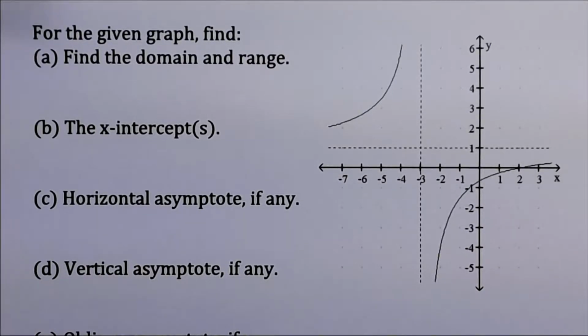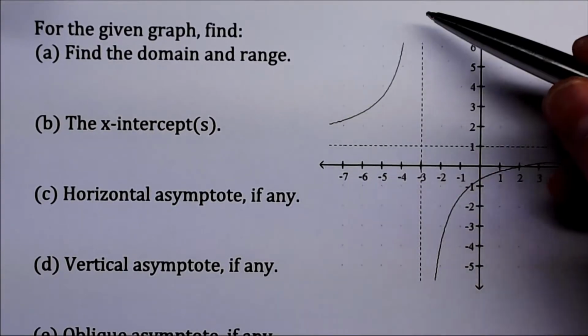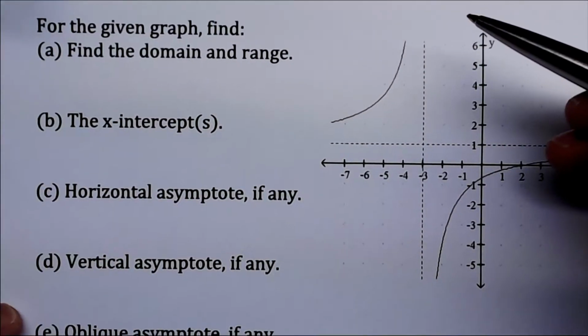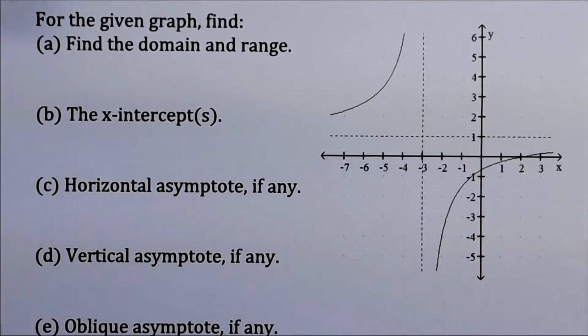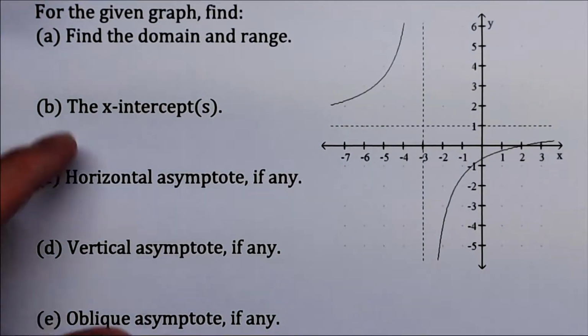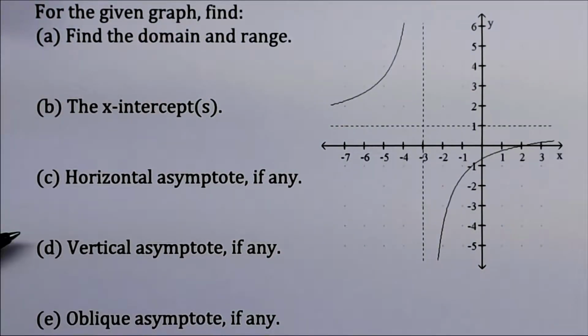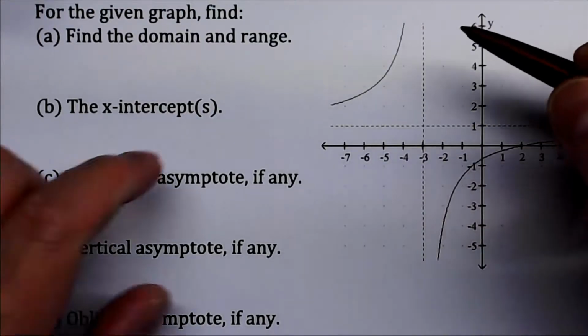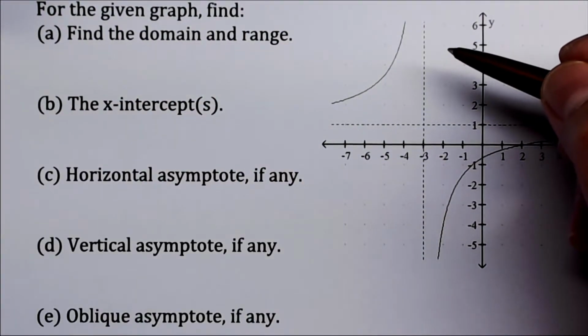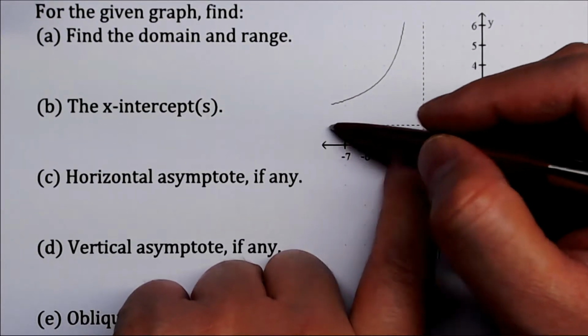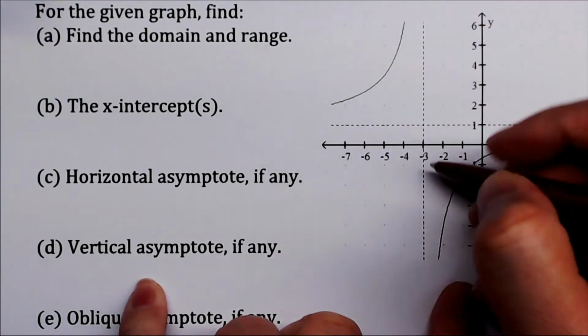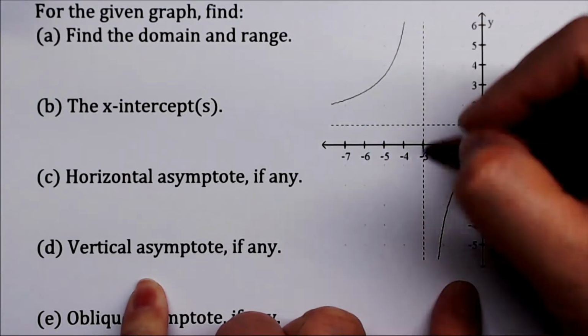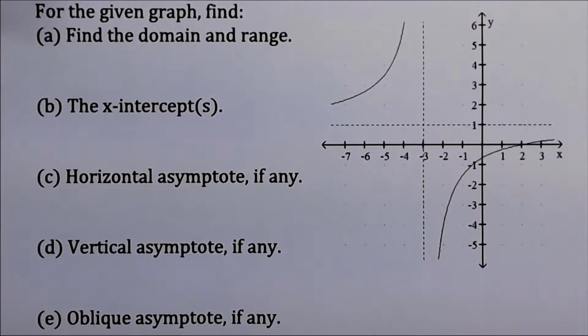On this question, we are given a graph and we just need to find this information. So pretty straightforward. The first thing is find the domain and range. The domain is all the x values, the range is all the y values. We see that the x values can be anything except the negative 3, because that is going to be the vertical asymptote.